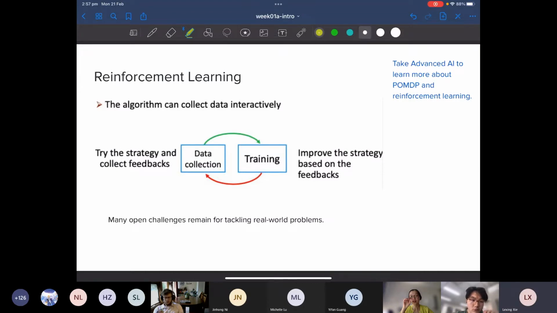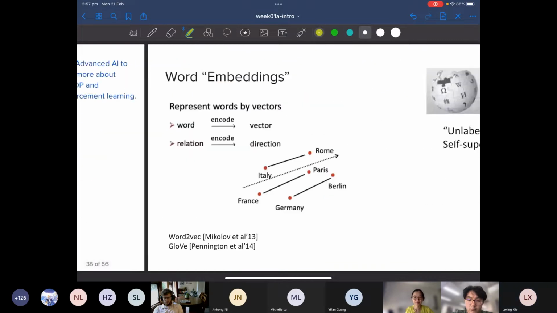So there is lots of grayscale from supervised learning to reinforcement learning. For example, active learning or bandits is arguably in between them. So take the advanced AI course to learn more about these.